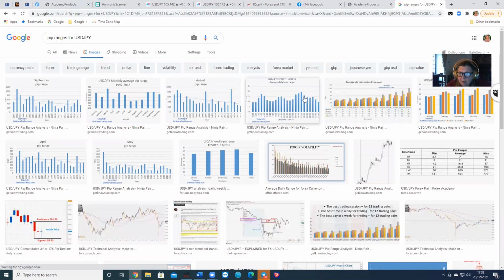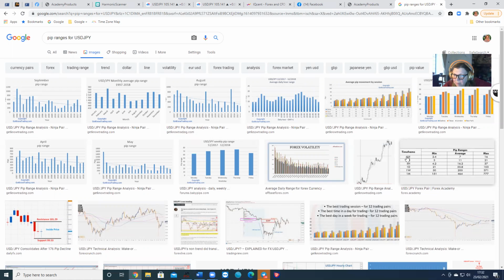So you can drill down into this and it will tell you by season and by days and weeklies. Weekly pip range, that's 27 to 2018. You'll find this on some of the sites, but it's quite interesting. USD JPY Forex pair.